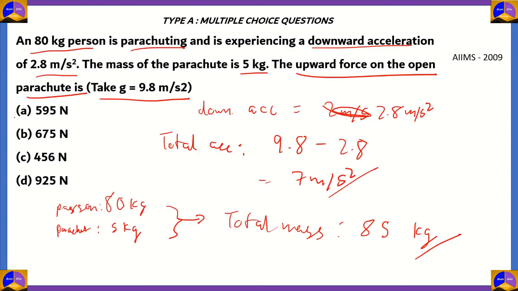So therefore, if you look at our options, you can see that option A is the correct option. Here the perspective is very important. The perspective is on the open parachute, which is why we're taking the difference between both the values of acceleration.